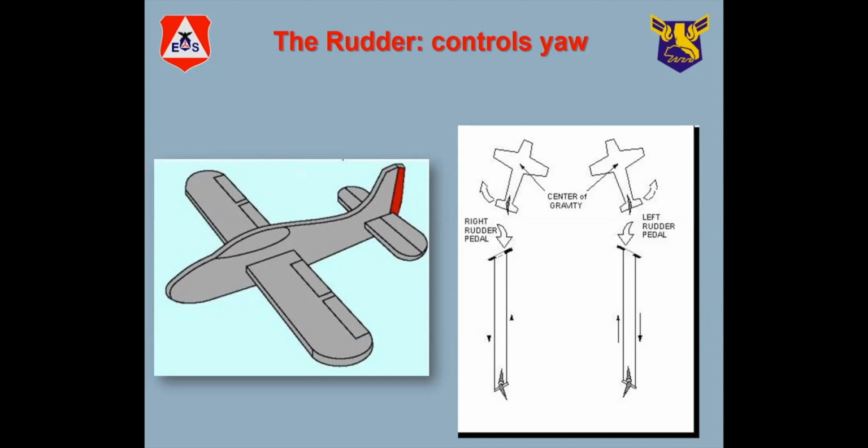That's called the yaw, and that, in conjunction with the ailerons, is how we turn the airplane. So the yoke does not steer the airplane, but the ailerons and the rudder do. That's important. When you get in the airplane, you'll see that the pilots or observers have their feet on the rudder pedals, and that's how they control that movement of the aircraft.